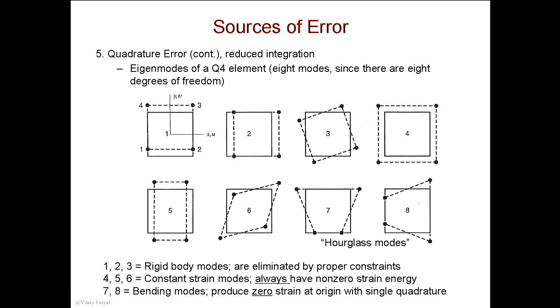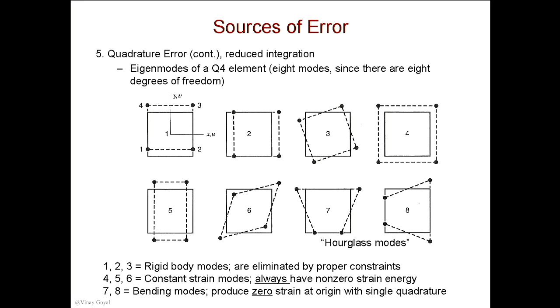If I calculated the eigenmodes of a stiffness matrix, how many degrees of freedom do I have in a Q4 element? 8. Thank you very much. That was quick. So how many eigenmodes do I expect for a single element? 8, because I have 2 unknowns in each node. Now let me make sure you understand: these eigenmodes are not the buckling modes.